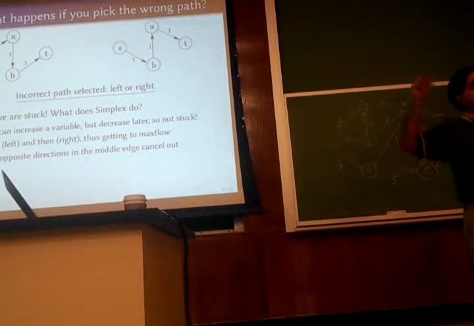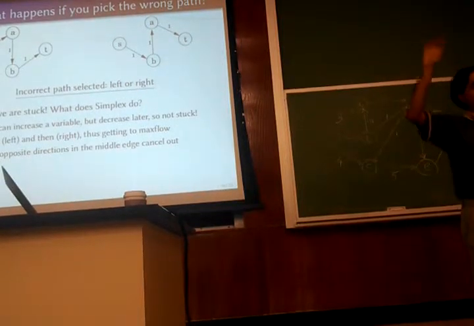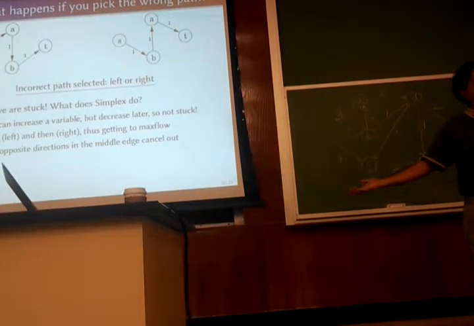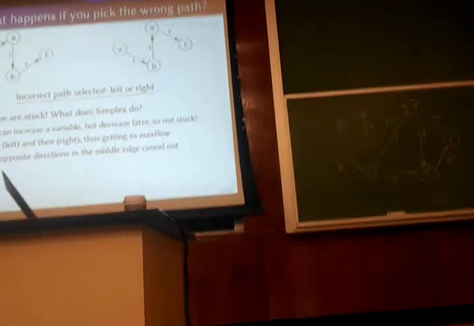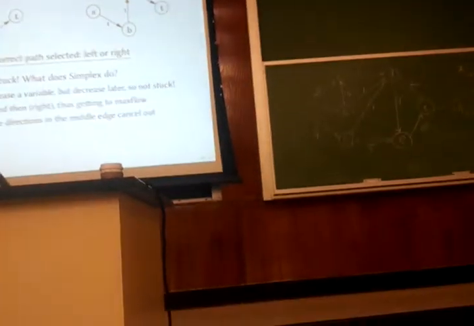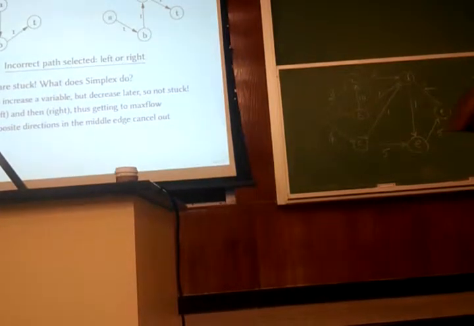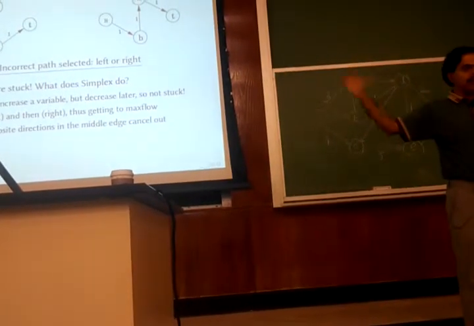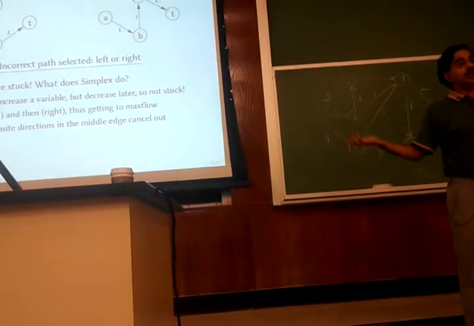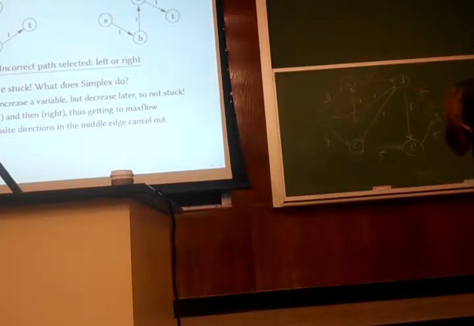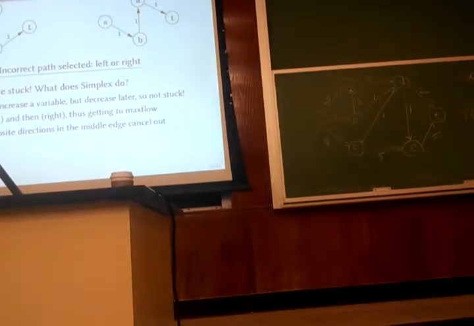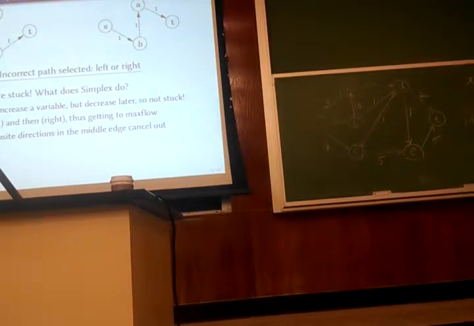And when you go from one vertex to another, some variables may increase, some variables may decrease. We are not saying that every variable is always increasing. The way simplex works, it just goes from one vertex to the next, and it doesn't care whether the variables increase or decrease in the process. It only worries about the fact that the objective function itself increases. The variables can decrease or increase.